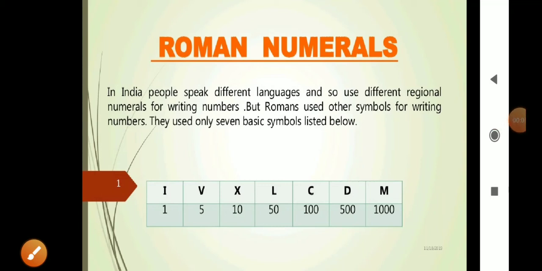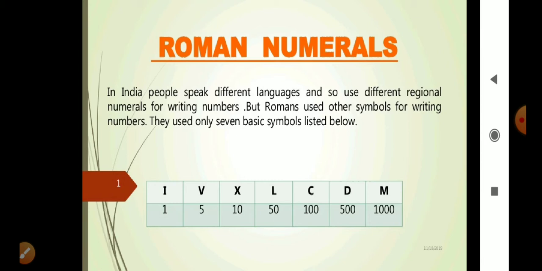Students, in the previous class we learned Roman numerals, some symbols: I, V, X, L, C, D, M, which stand for the Hindu numeric numbers. So what is a Roman numeral? In India people speak different languages, so we use different regional numerals for writing numbers, but the Romans used other symbols for writing numbers.